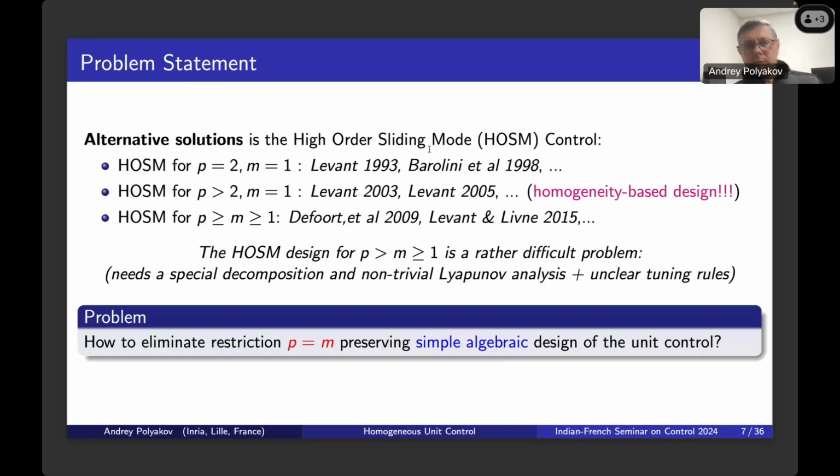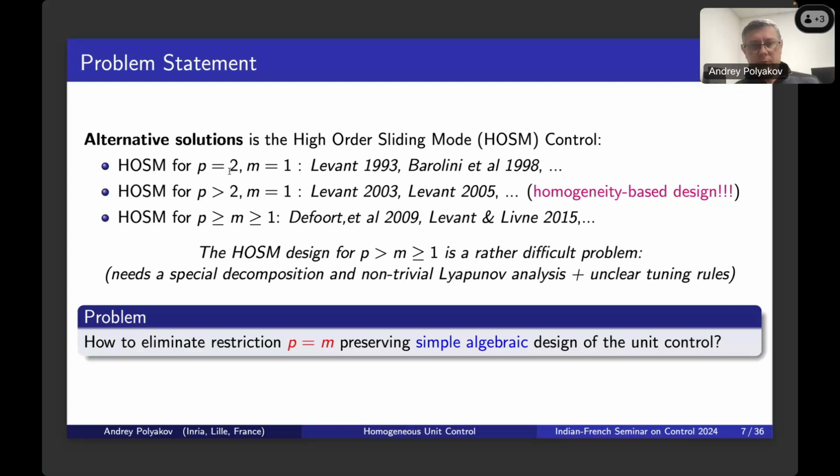We can design the controller when P doesn't equal M, when the dimension P of the sliding surface is inconsistent with the number of inputs. But the design of the higher order sliding mode control is rather trivial.